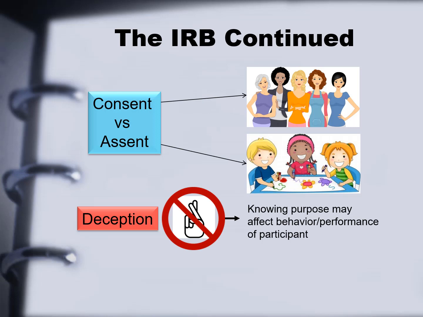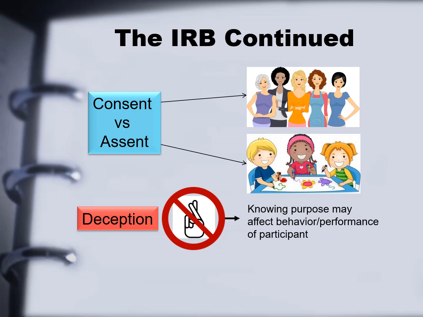Deception used in research is not the equivalent of lying because the potential participant is told ahead of time that they're not being told everything. And usually this just means that they're not told the ultimate purpose of the study or the research question. They're still told about everything that they'll have to do in the study, so they can make an informed decision in that sense as well.